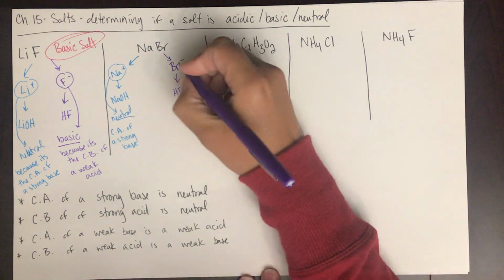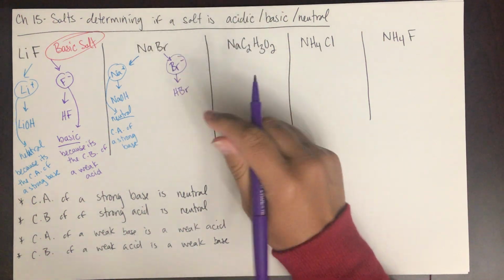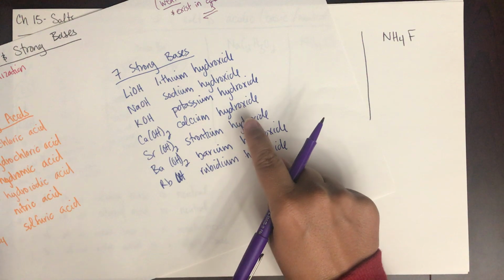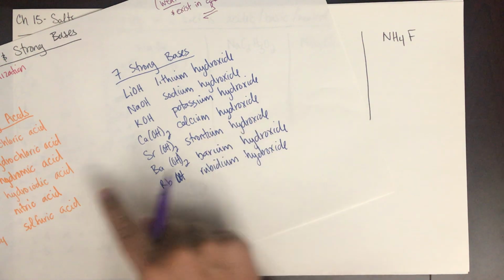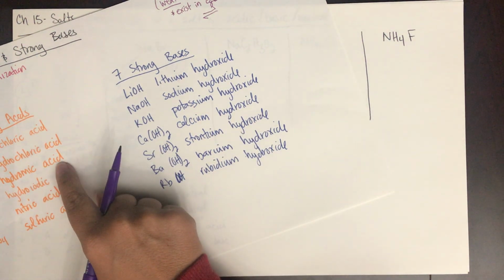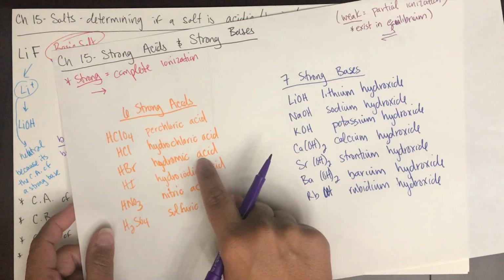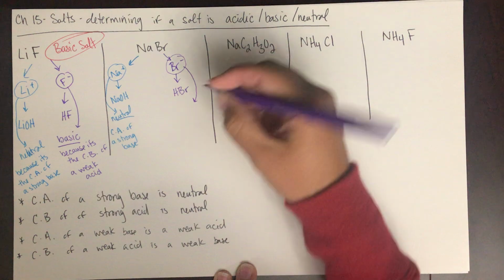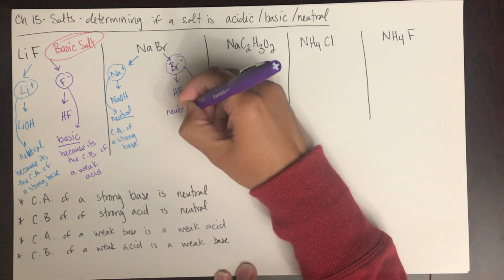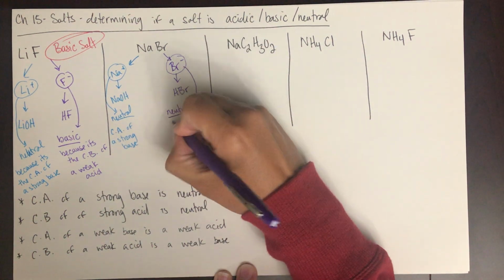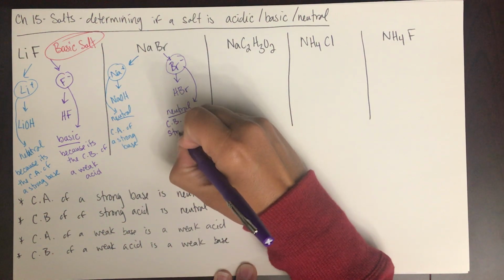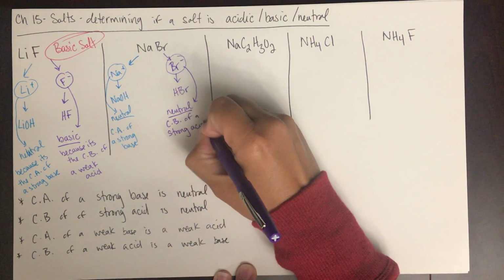So now let's look at bromine. Because the bromide ion is the conjugate base of a strong acid, hydrobromic acid, that means this bromide ion must also be neutral. It's neutral because it is the conjugate base of a strong acid.